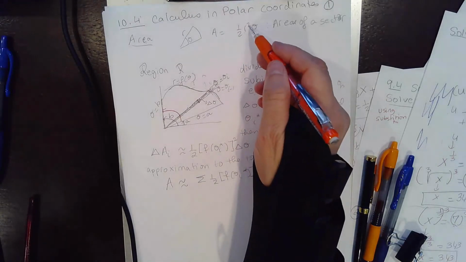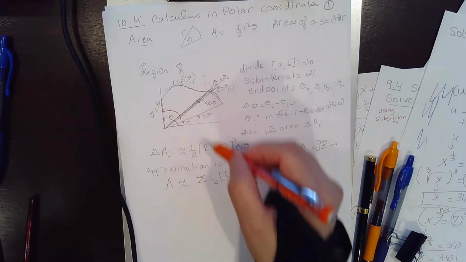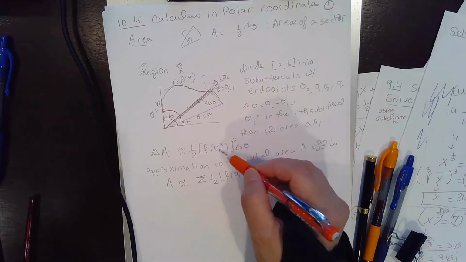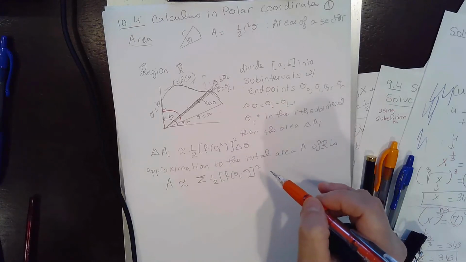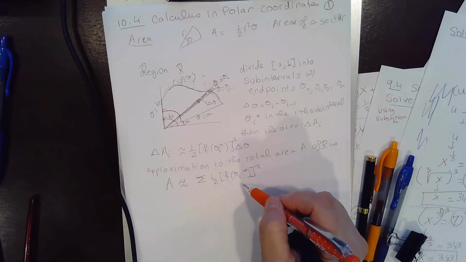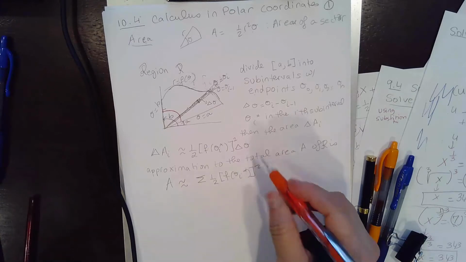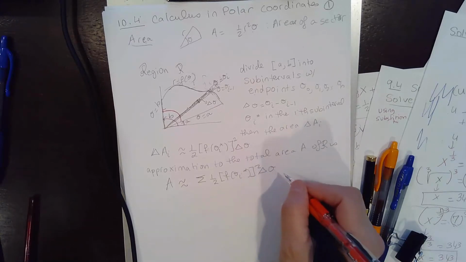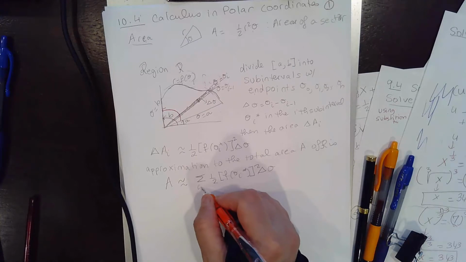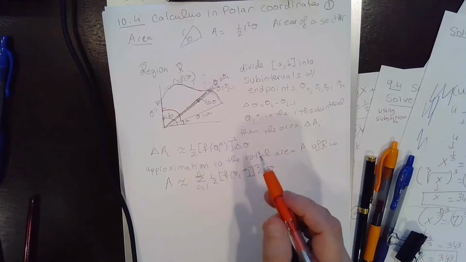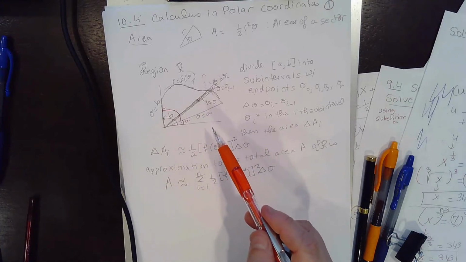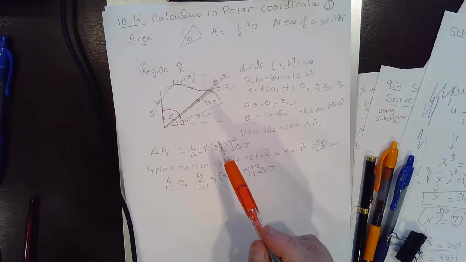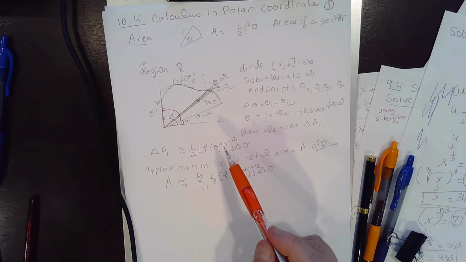Remember, it's r squared, and r is f theta, so f theta squared. We use theta i star, that's our sample point. So 1/2 f of theta i star squared delta theta, i going from 1 to n. So this is the approximation of the total area. That's the summation of all the areas of the subintervals. Okay?